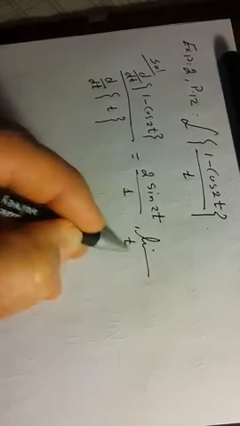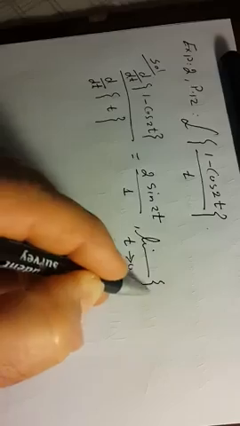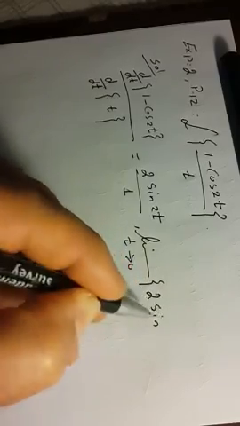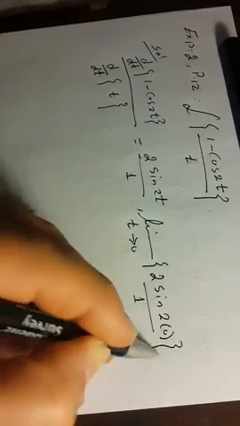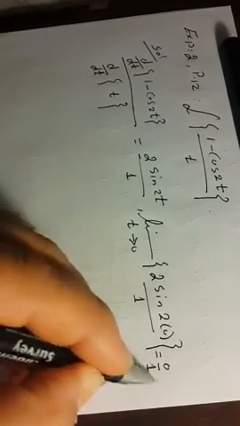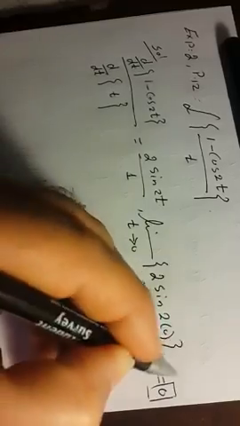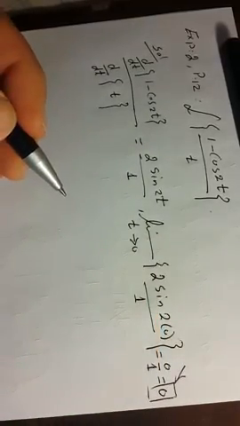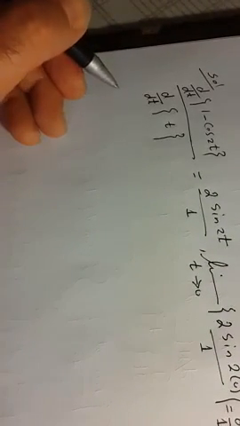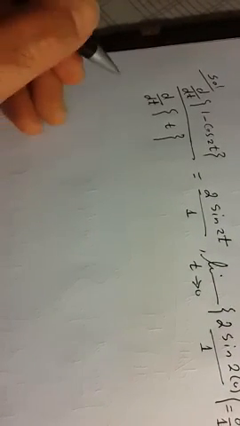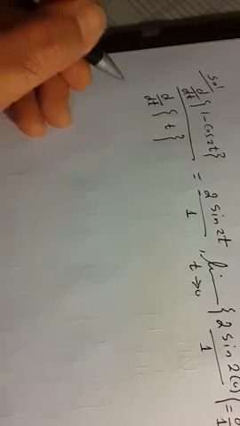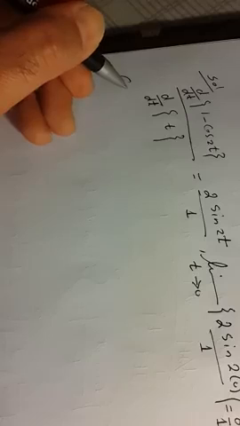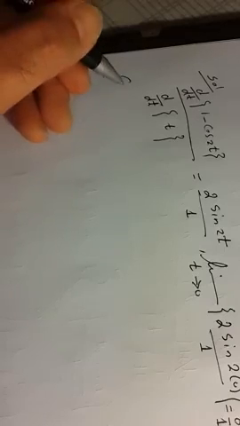Taking the limit as t approaches 0, we get 2 sine 0 over 1, which equals 0 over 1, which equals 0. So L'Hospital's rule is satisfied. Now I'm going to solve this function using the Laplace transform and Theorem number 3.